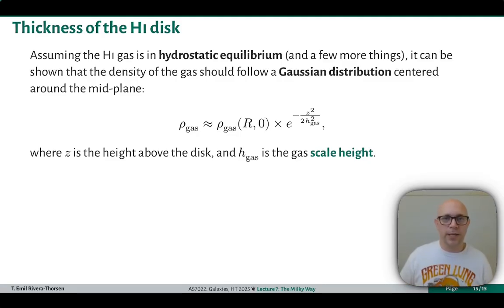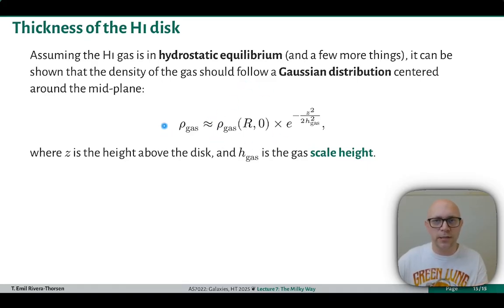Assuming that the H1 gas is in hydrostatic equilibrium and making a few other assumptions, we can show that the density of the gas should follow a Gaussian distribution centered around the midplane, described by this mathematical expression that we see here, where we have a Gaussian function scaled by the gas density in the midplane at a given radius.